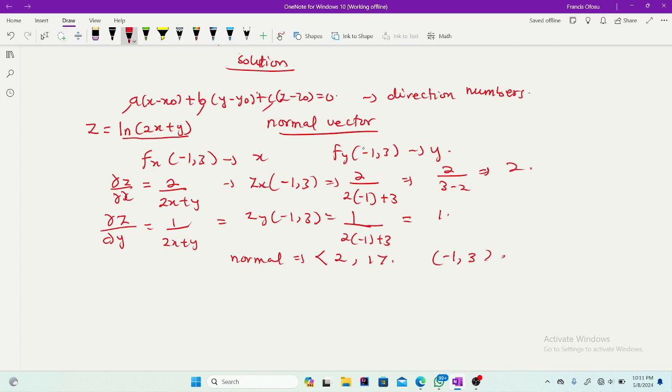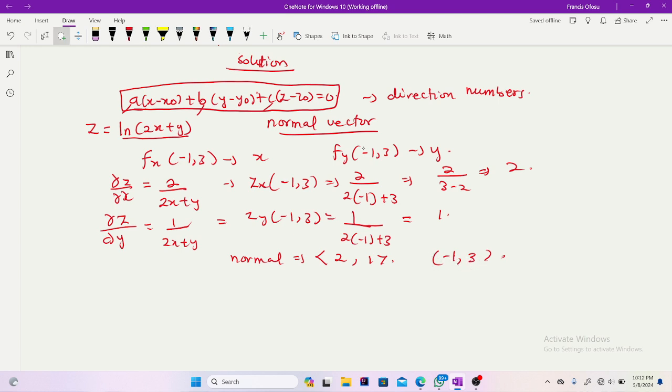Okay, so remember that we can bring z out. So from this equation, this is the general equation for a plane. And I said A, B, C are our direction numbers. But because the plane we are using here is z equal to natural log of this, we will have to find the z at this point. Right now, we know that x is negative 1, then y is 3, right?